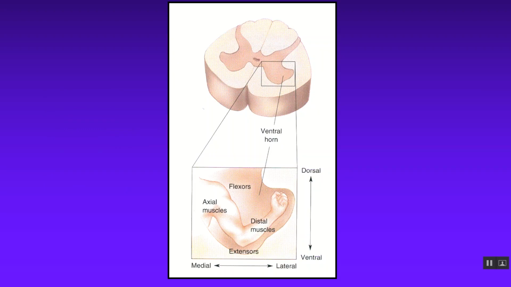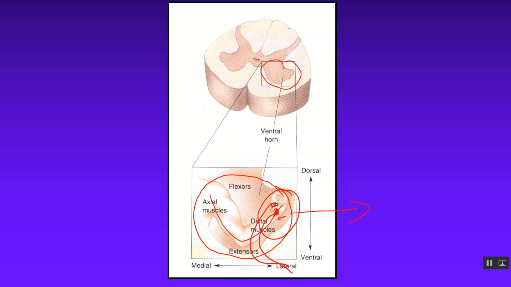And this is a good picture to help remember this. Think about an arm being flexed inside of this anterior horn. This is true for both the arm and the leg, but the leg doesn't make as much sense. But the principles are the same for the leg. So this is lateral. Anterior horn cells that lie in the lateral area of the ventral horn tend to go to more distal muscles.